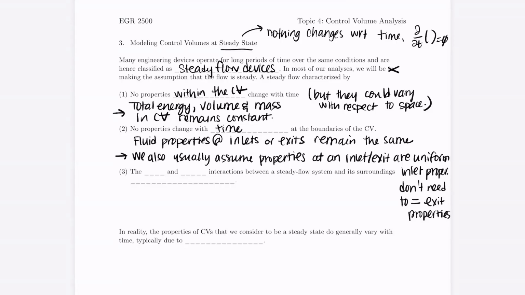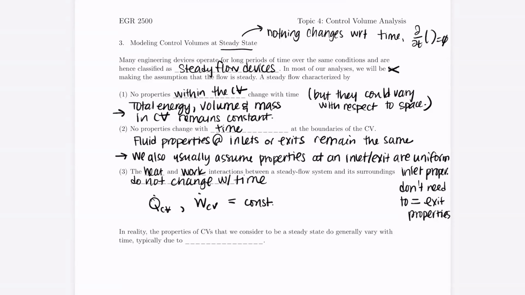Next we have that the heat and work interactions between a steady flow system and its surroundings do not change with time. So this means that Q dot of our control volume and W dot of our control volume are constant.